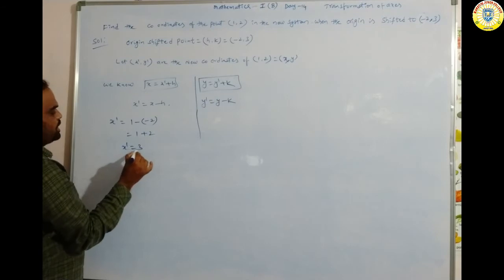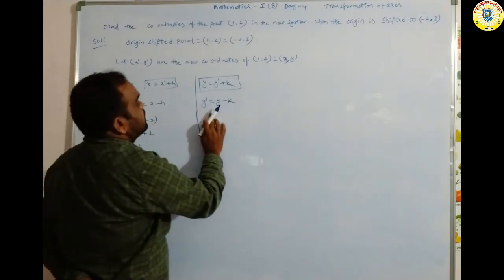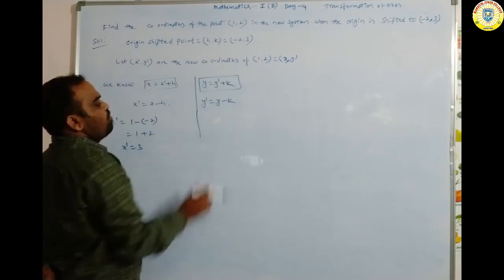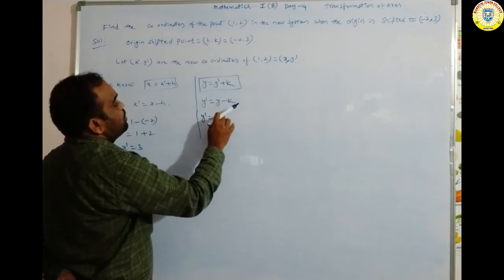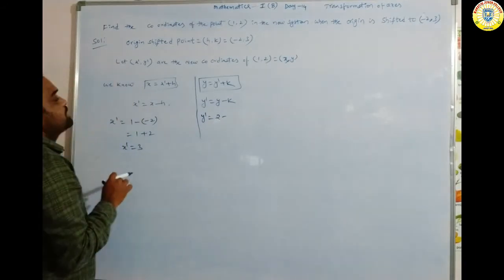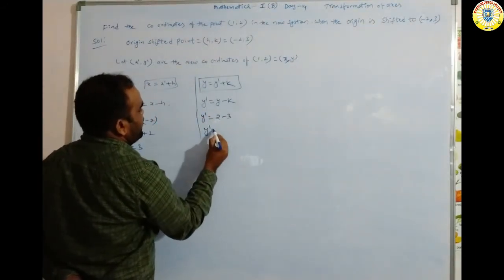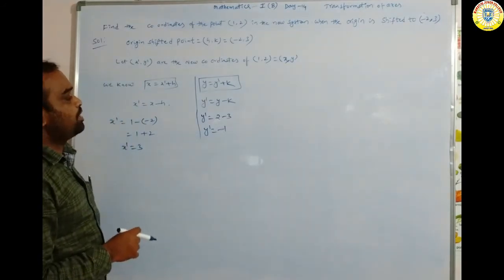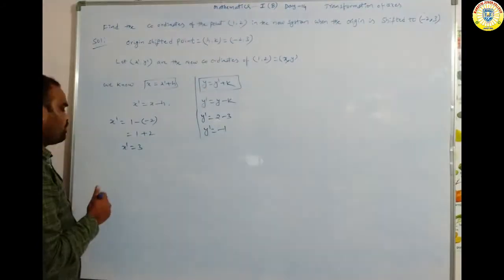So x' = 3. And y' = y - k. Y is 2, minus k, and k is 3. So y' = 2 - 3 = -1.